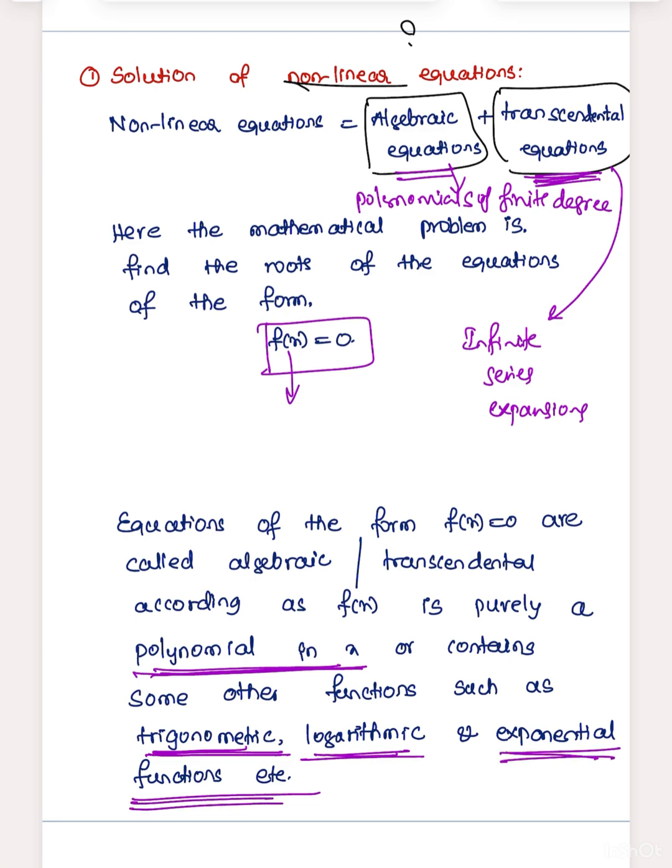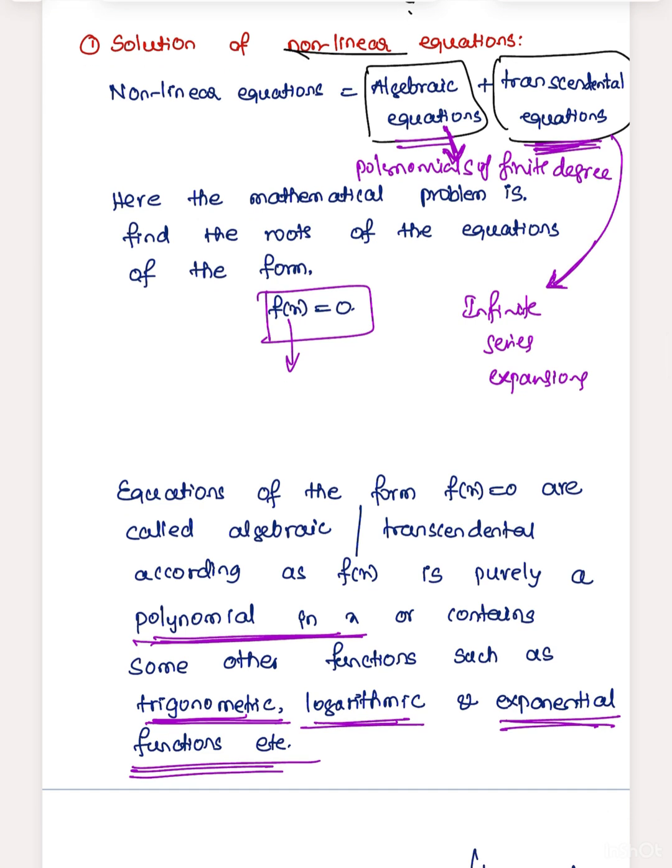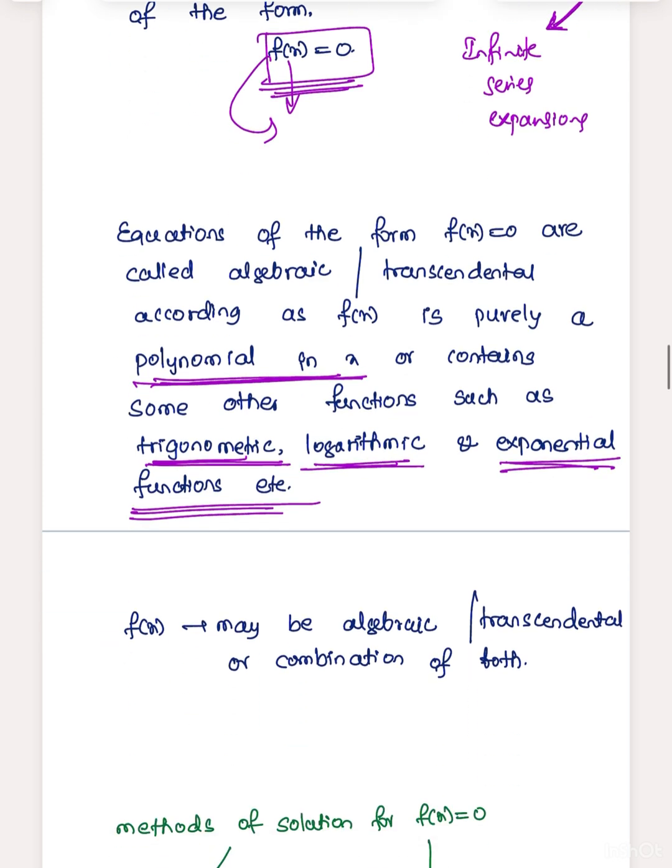Therefore those polynomial equations of finite degree are called algebraic equations, and those involving infinite series expressions are called transcendental equations. Our aim here is to find the solution of the form f of x is equal to 0, where f of x may be an algebraic function or a transcendental function. So these algebraic equations and transcendental equations together constitute nonlinear equations. Our aim now is to study their solution.